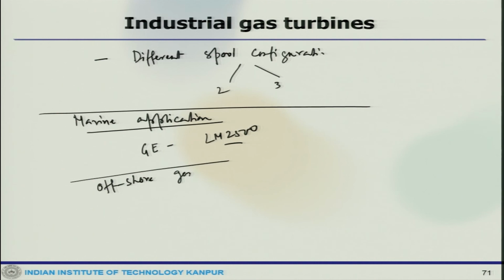Then you can have offshore gas turbines. These offshore gas turbines are widely used offshore for a variety of purposes, including power generation, gas and water injection, pumping, gas lift, water flooding, export compression. These are adapted in place of diesel generation systems in a significant number, and they are also lightweight and compact in size.